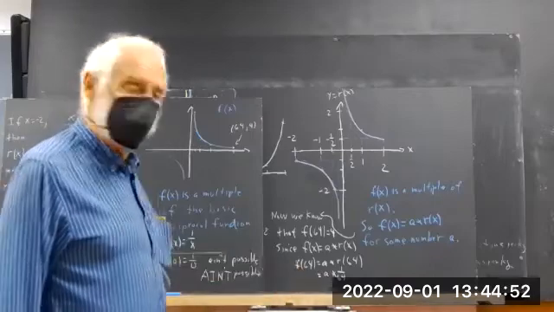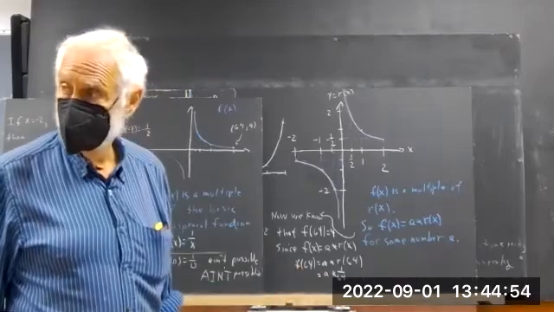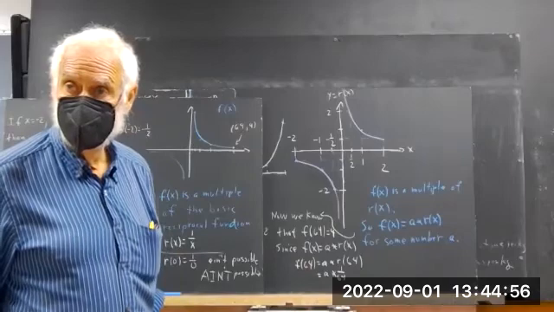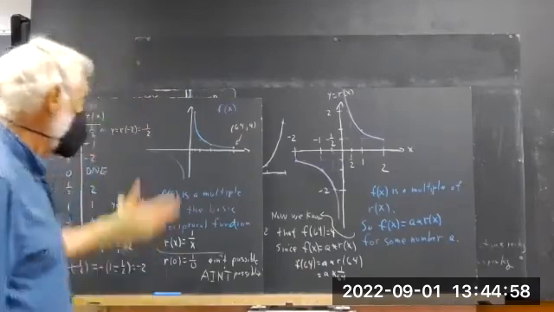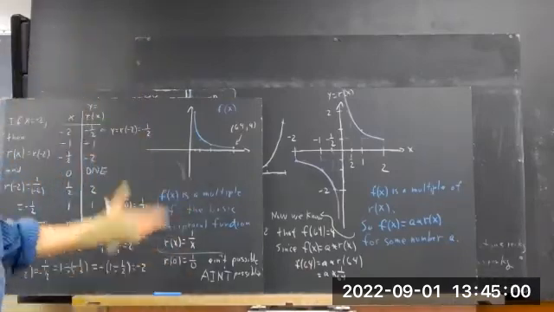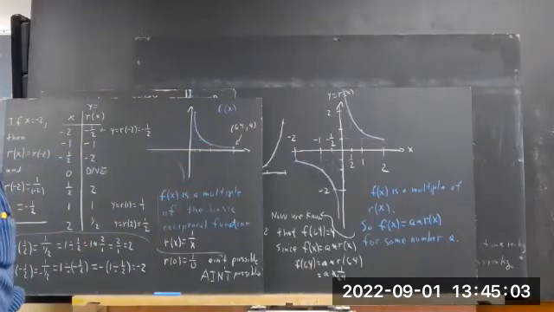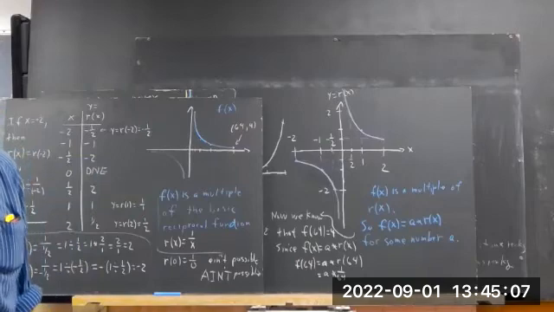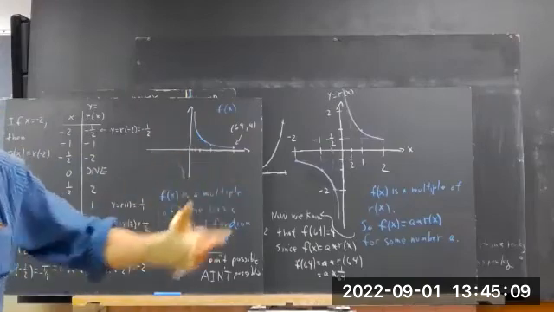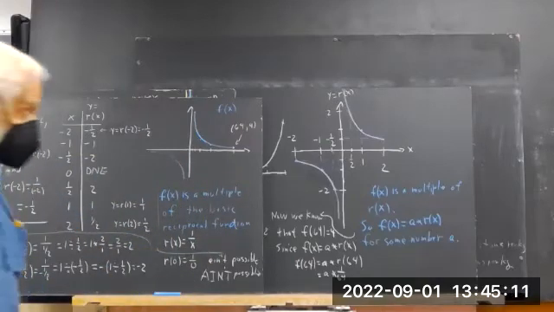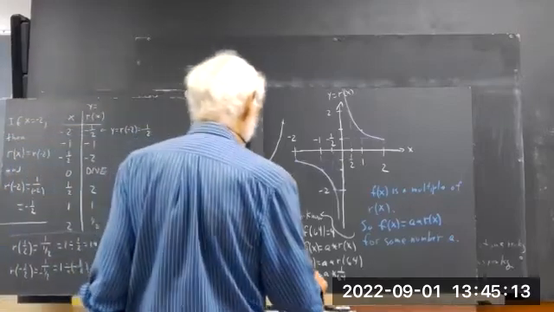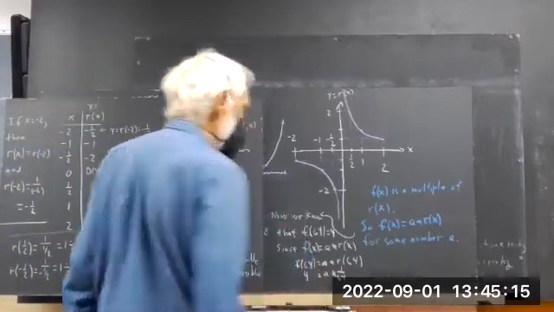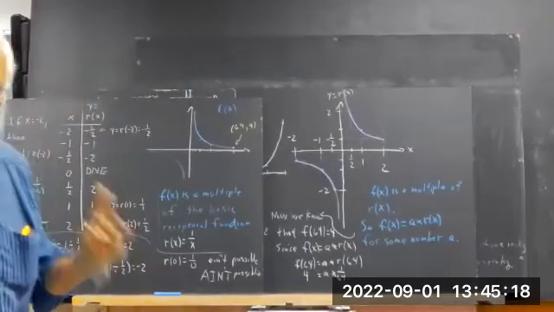Now what's f of 64? This is f of x. This is the point (64, 4), according to what I just declared, right? So this is 4. So what's the value of a?